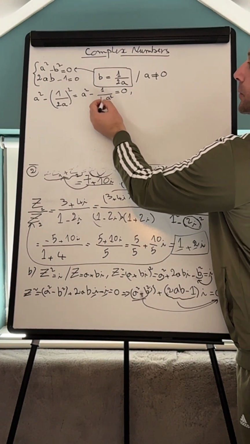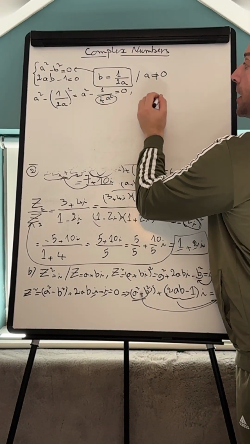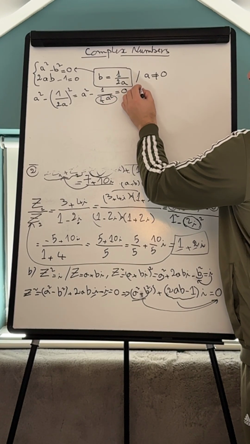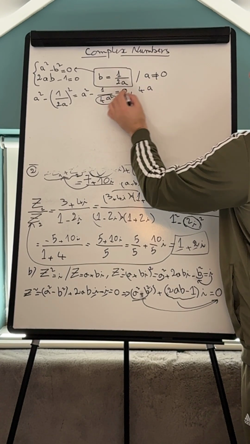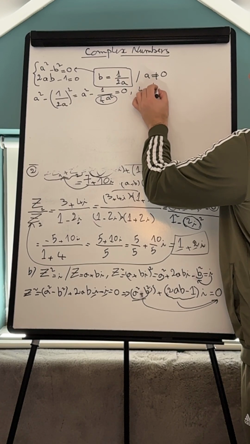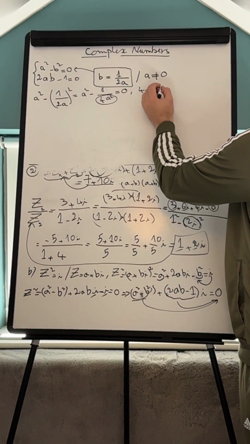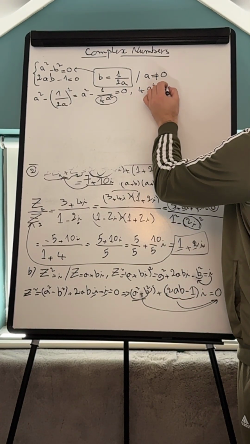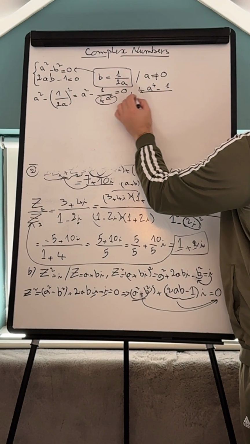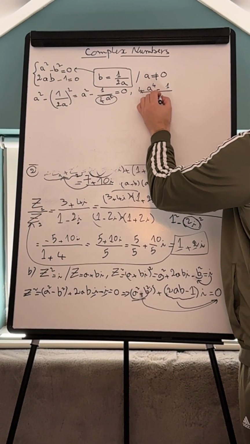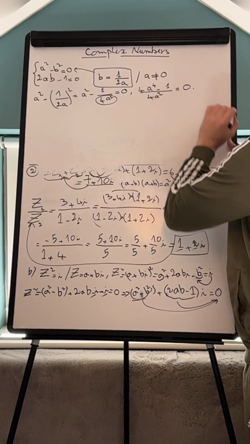And then what we can do is make the bottoms the same, which is going to be 4a squared times a squared, which is 4a to the power 4, minus 1, divided by 4a squared, equals 0.